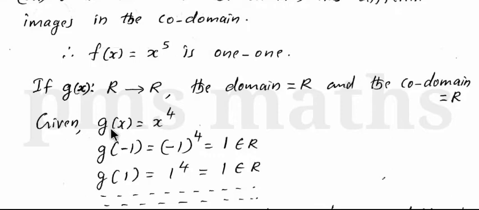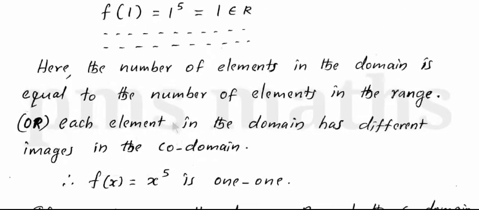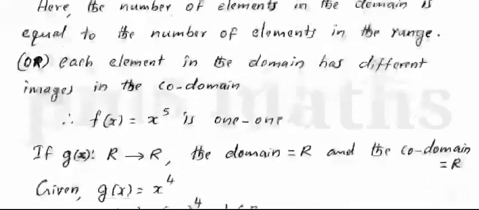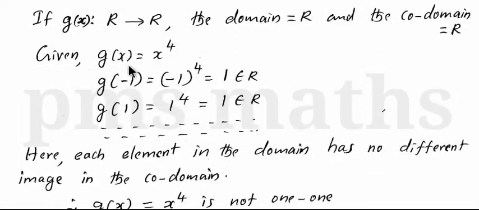Then given g of x is equal to x raised to 4. That equation can be taken. Then here also we can take x from domain. x belongs to this R means x takes the values from real numbers.